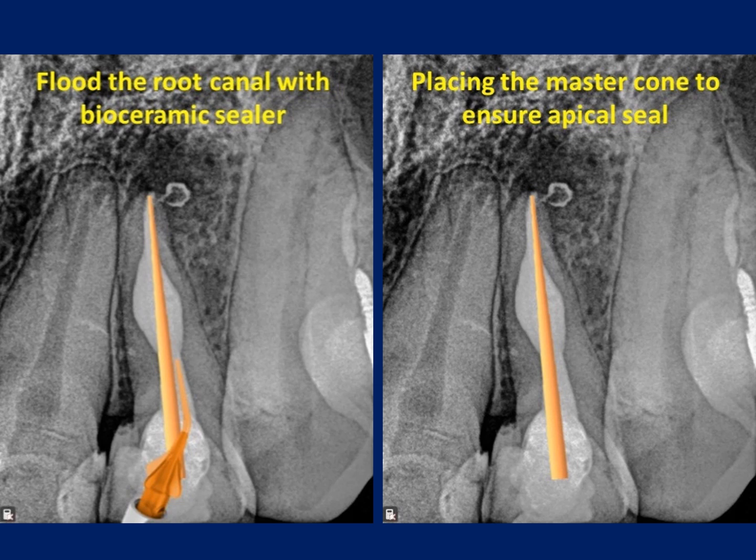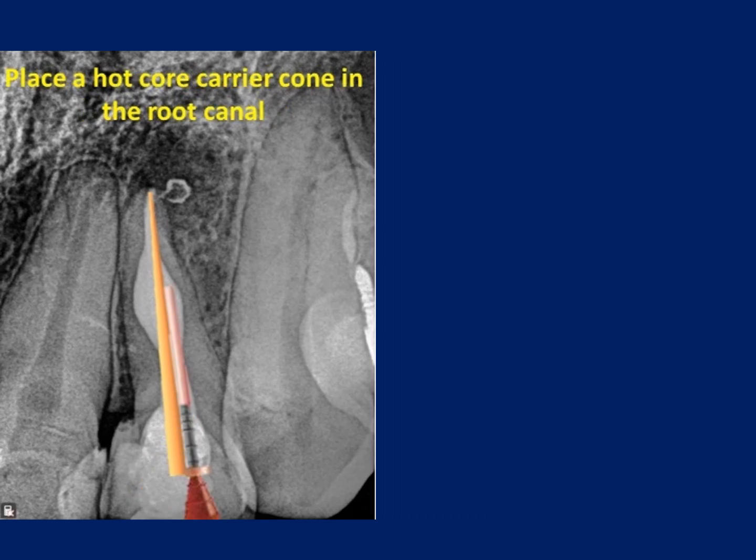Then you can see that the master cone has sealed the apical area, and in the middle area, where there is a space of the internal resorption, this space is unfilled.